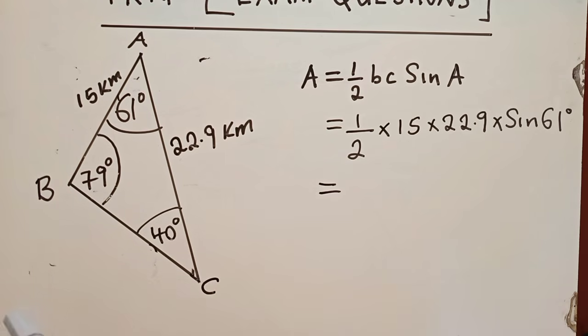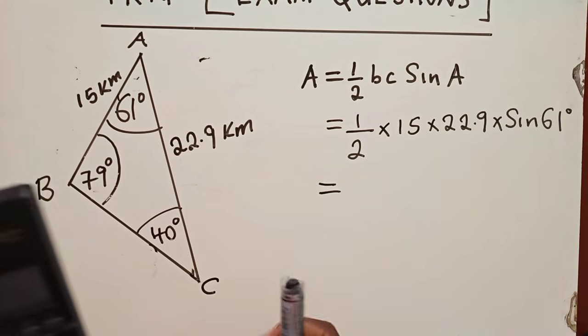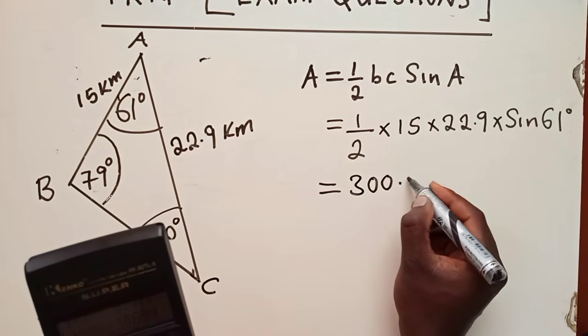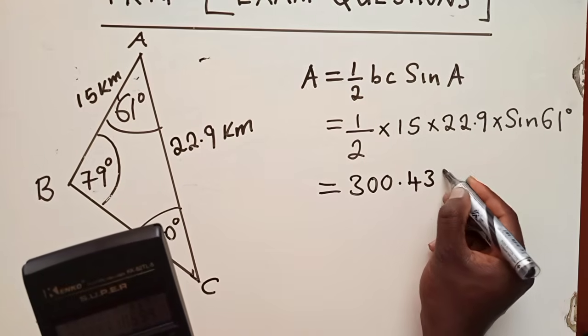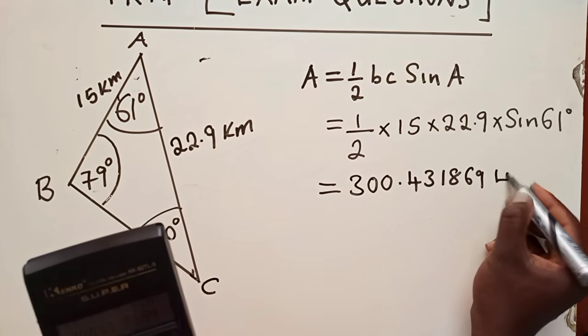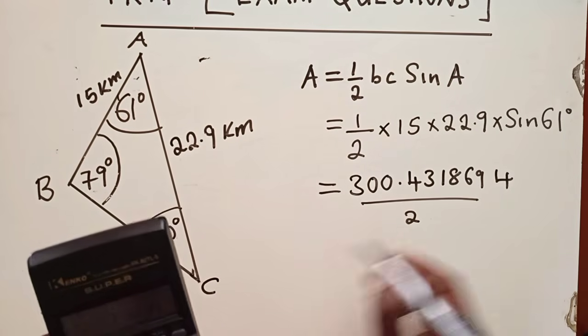What am I getting? 15 times 22.9 times the sine of 61. I'm getting 300.431869, okay.